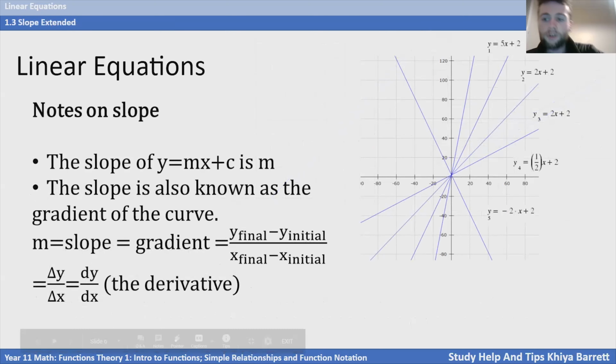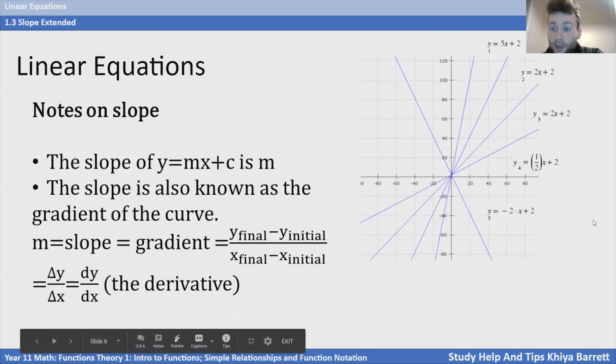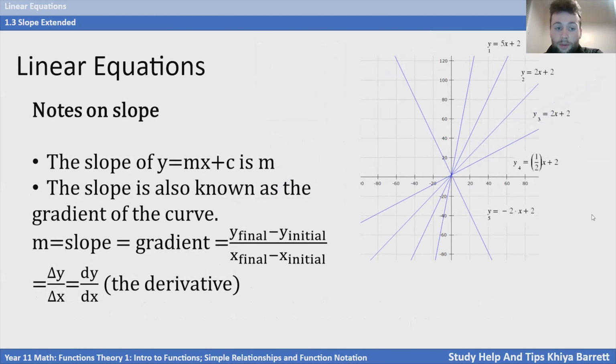Okay, so now we're going to talk about slope, and slope is very important, and you're going to be studying a lot more in the future. Now, the slope of y equals mx plus c is actually m, and that's the gradient that I was talking about before. That's the coefficient of x. And in this case, that will be the slope.